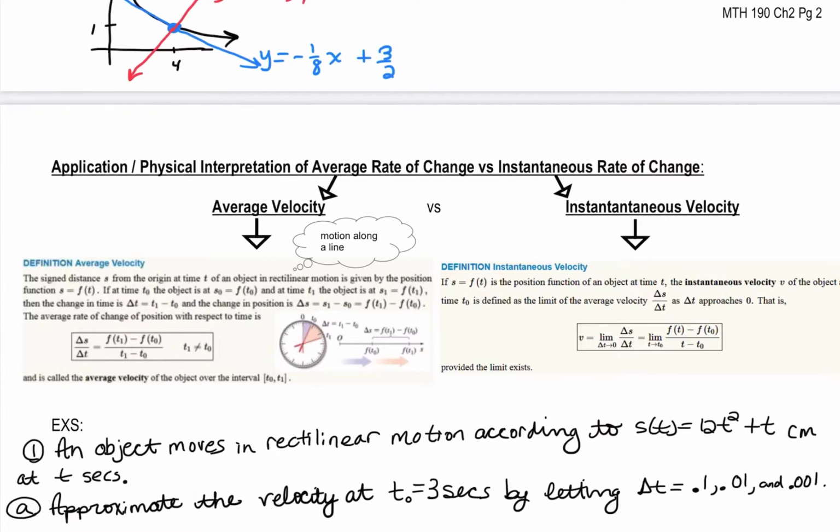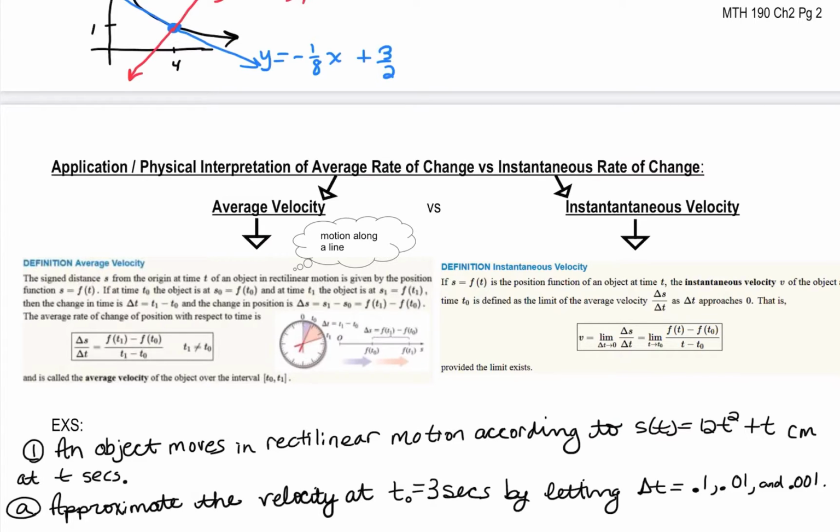In rectilinear motion, which is motion in a line, positive direction would be moving to the right, and negative would be moving to the left. When we get to height examples, like a ball thrown in the air, positive velocity means you're on your way up, negative velocity means you're on your way down. Essentially, speed is the absolute value of velocity.